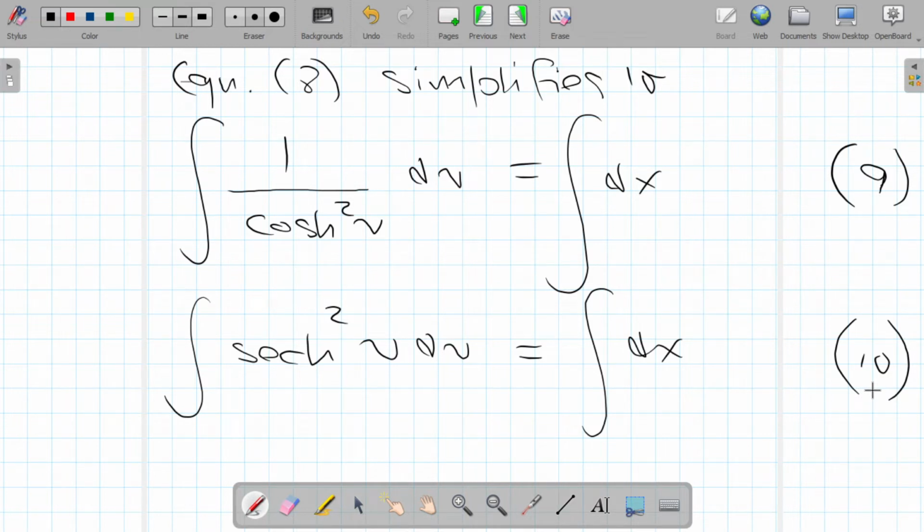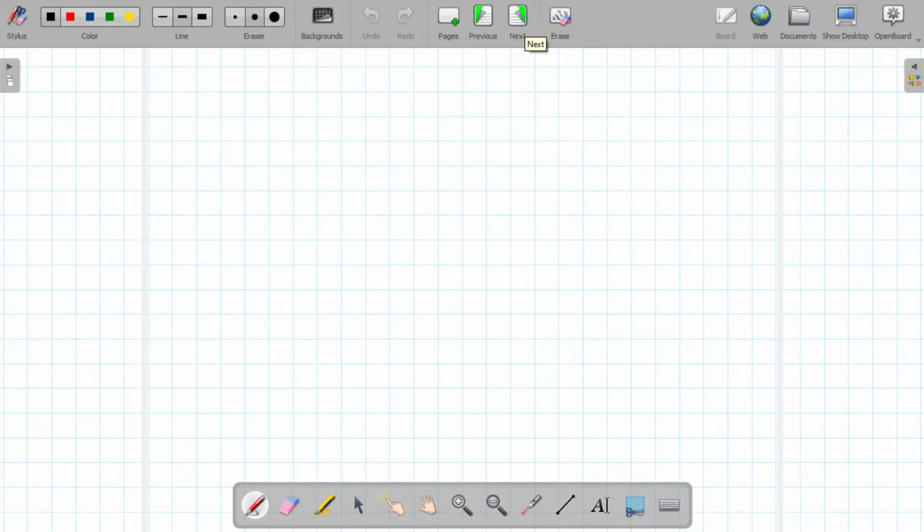So the integral of the left-hand side of equation 10, so the integral of sech squared v dv, is quite simply the hyperbolic tangent, tanh of v, and that's equal to x plus k.